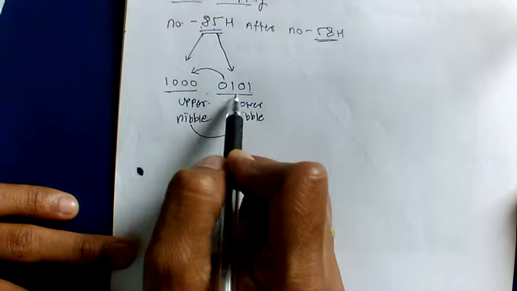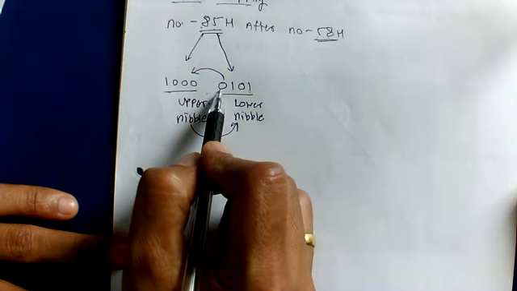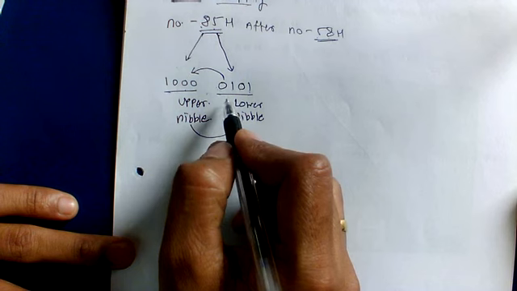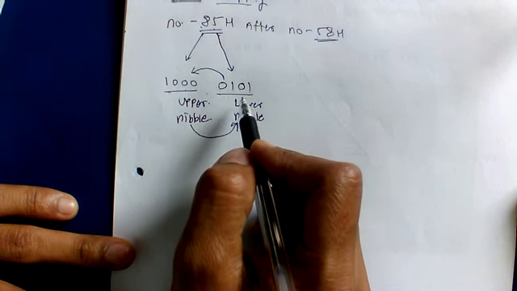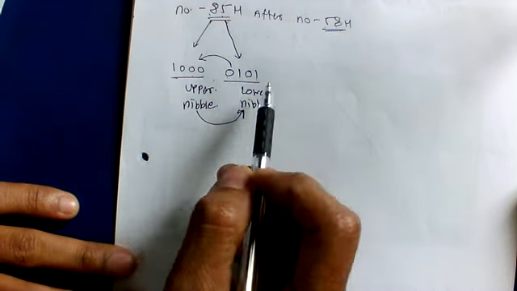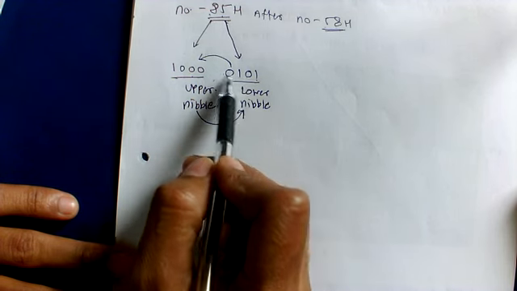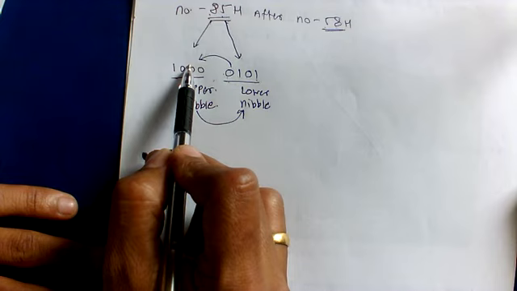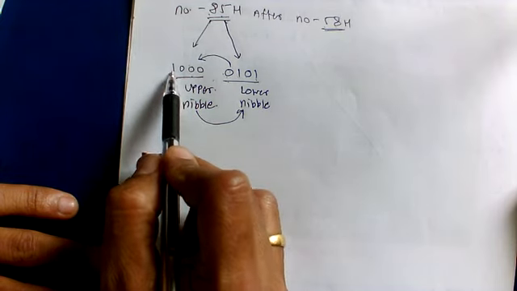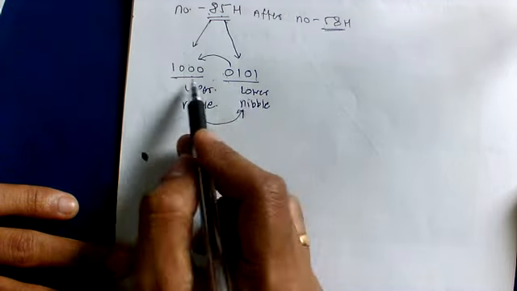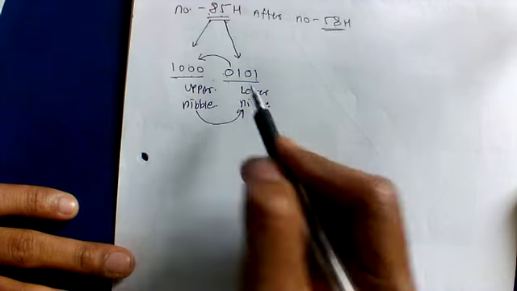Why 4 times? Because to move this 5 to the upper nibble it is required to execute rotate left instruction 4 times. Because it is required to shift 4 bits, 1 2 3 4, 4 bits. These 4 bits you have to shift to the upper nibble, and the other 4 bits you have to transfer to the lower nibble.